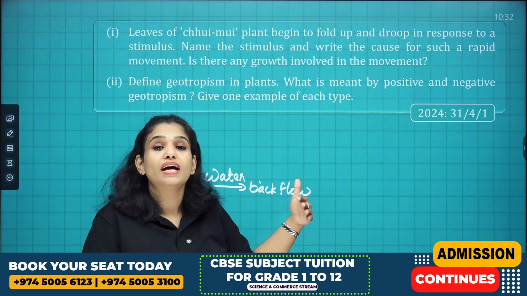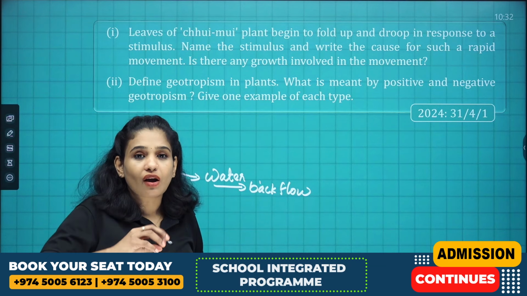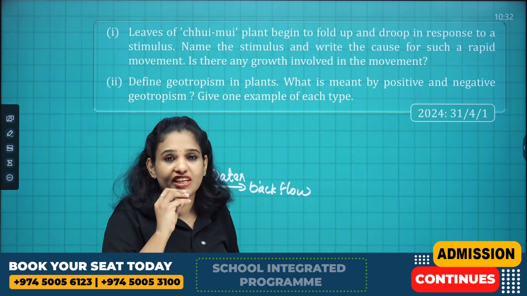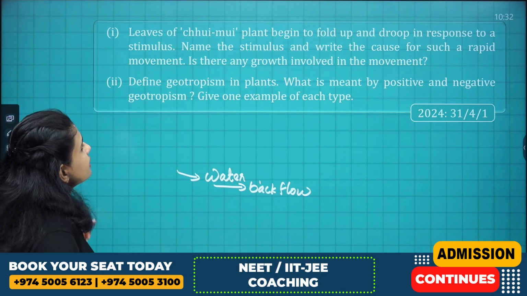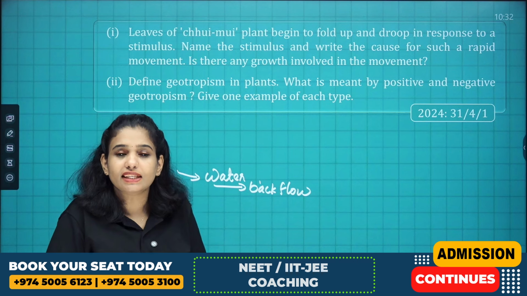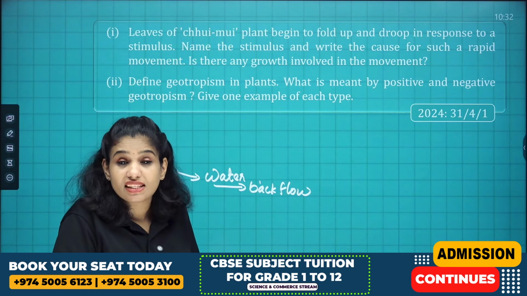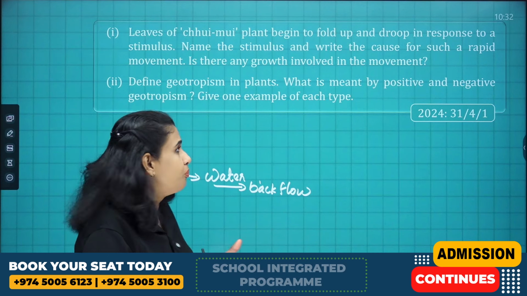That is why, while touching chumi plants, you can see the leaves drooping, because the water got taken back from such parts when we touch. Now, is there any growth involved in this movement? No. It is strictly a growth independent movement. It is a nastic movement. It is an example of nastic movement.